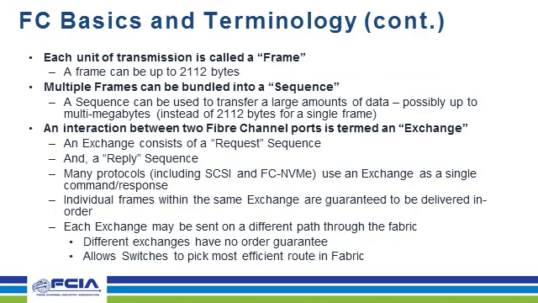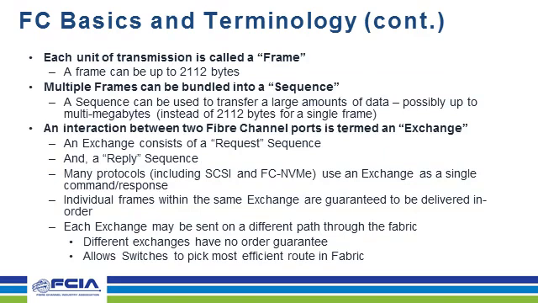They can be up to 2,112 bytes long, so essentially large enough to carry a 2K byte payload, including all the encapsulation and overhead. Multiple frames in a given direction can be linked together as a sequence, but there is a notion of a single frame sequence. So even if it's just one frame, we may still refer to it as a sequence.